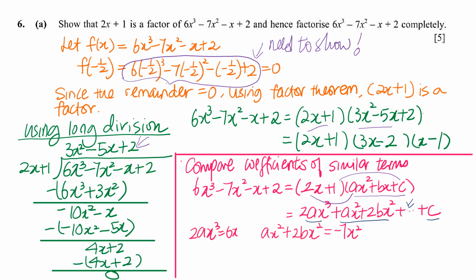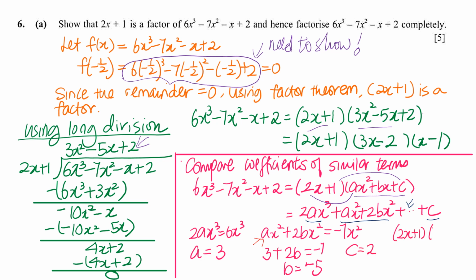Right, so your 2x cubed is to be compared with your 6x cubed. That gives you a equals 3, and then your ax squared plus 2bx squared will be compared with negative 7x squared. So after finding the value of a, you can put it inside here, and that will let you find b equals negative 5, and then the last term will be just c equals 2.